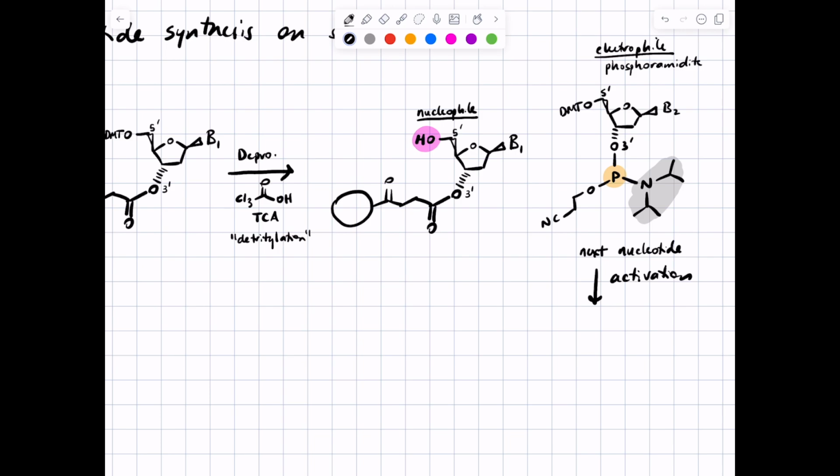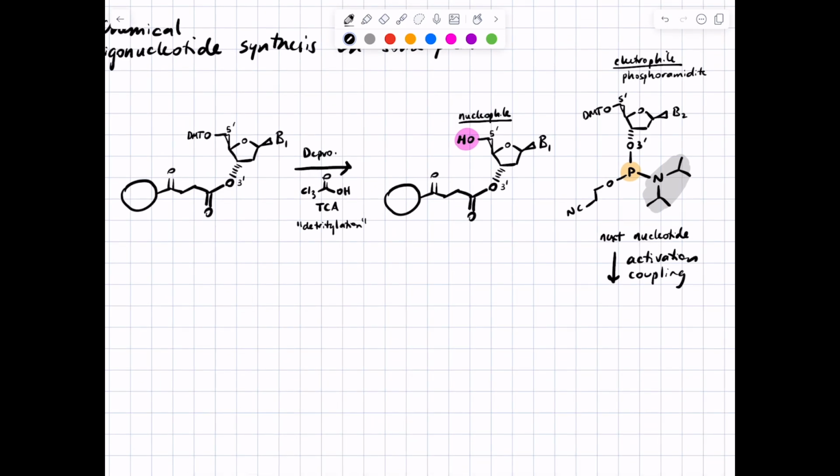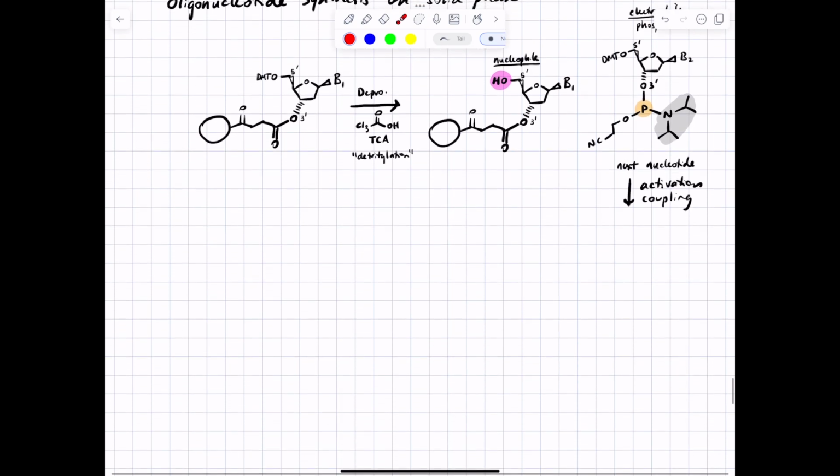I won't show you that reaction mechanism. You don't need to worry about it, but the process eventually causes this group in gray to leave and to be replaced by the oxygen of the 5' hydroxyl of our nucleophile. So after the activation and the coupling steps, what we have is as follows.